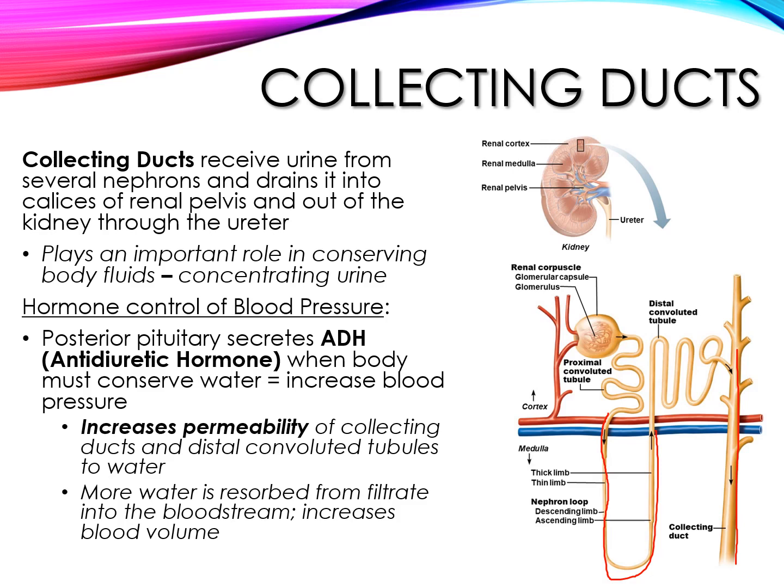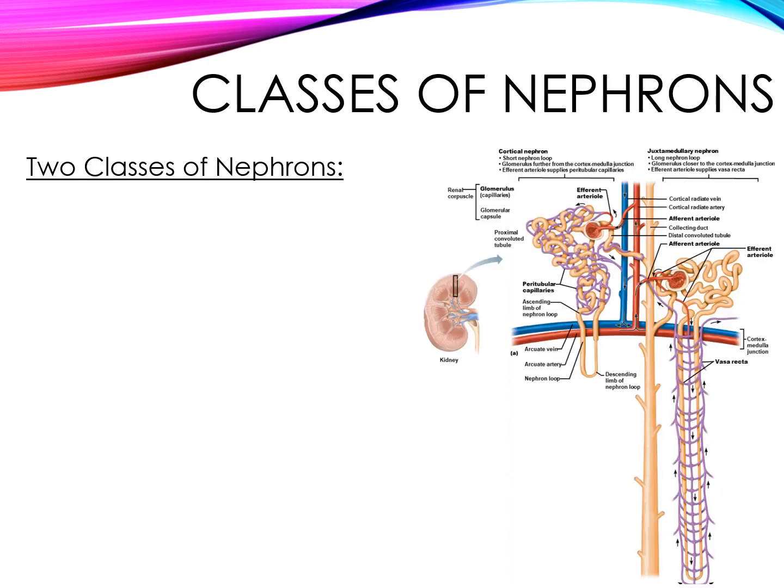It acts upon the kidney, because remember before we said it causes the kidney to resorb more water. Well, this is where it is actually acting. It acts on the collecting duct and the distal convoluted tubules, increasing the permeability so that it will resorb more water from the filtrate. That goes into the bloodstream, which increases blood volume, increasing blood pressure.